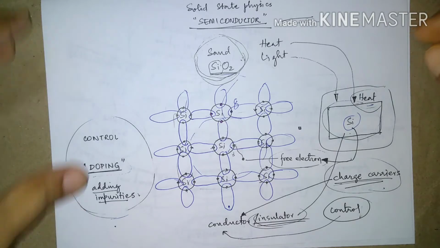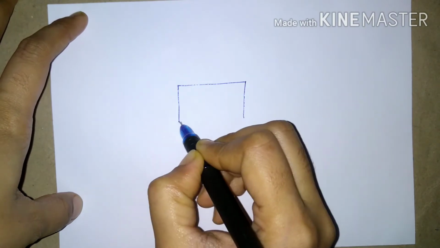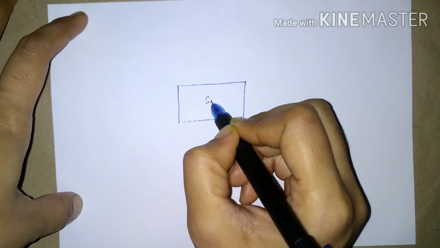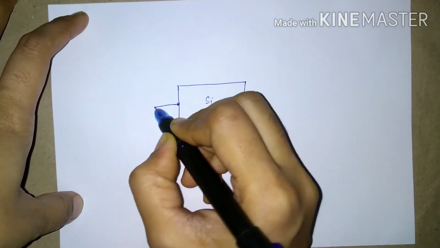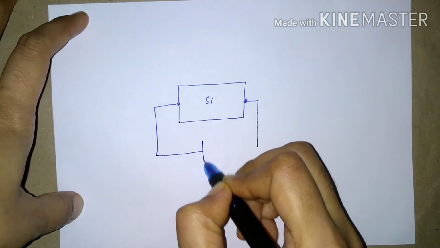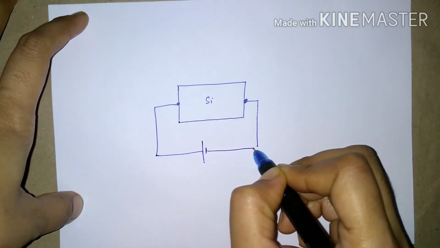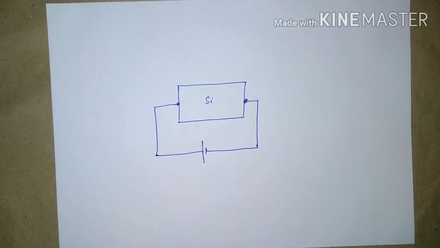So what happens if I simply take a piece of pure silicon in which all silicon atoms are present, and try to apply some voltage? Let's say I am giving positive here and negative here. How does the current flow in that particular silicon?